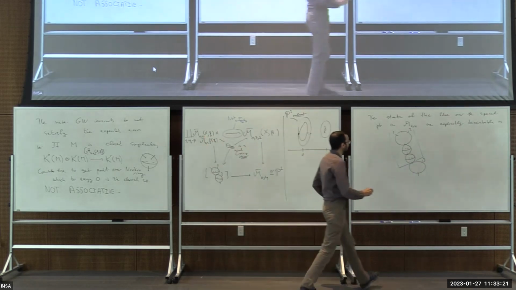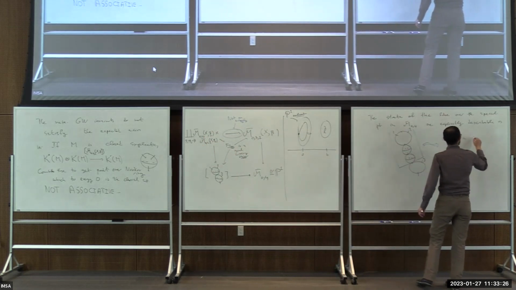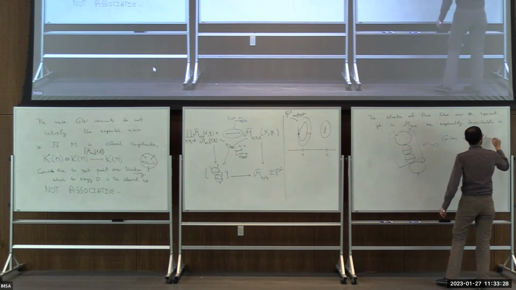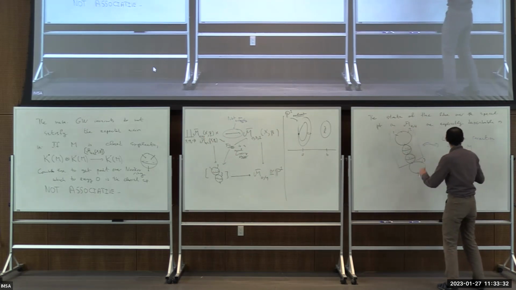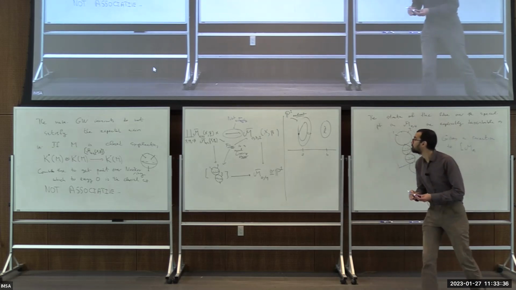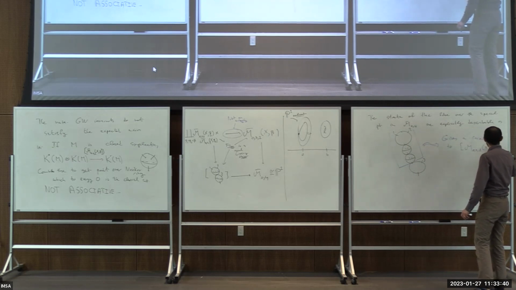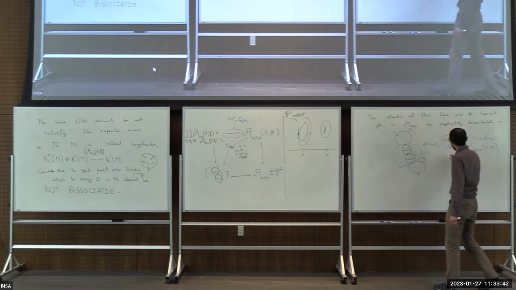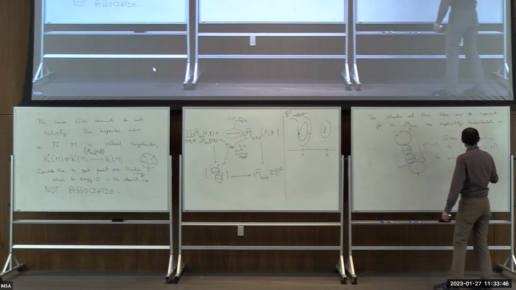So this gives a correction to the fundamental class of n n0 to 1 at theta, and now for which associativity.